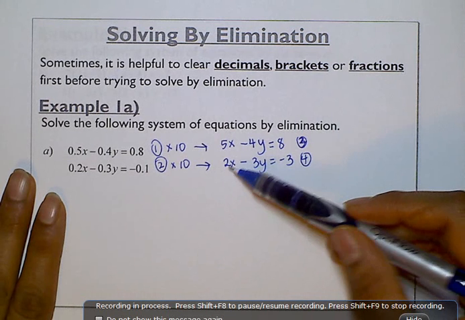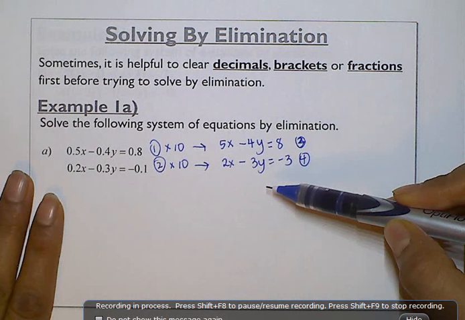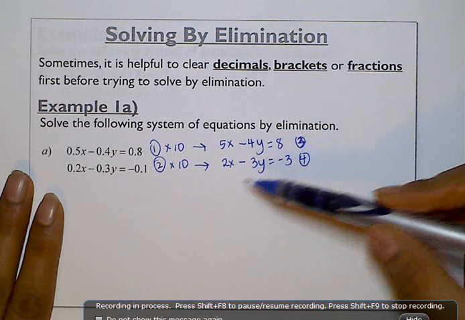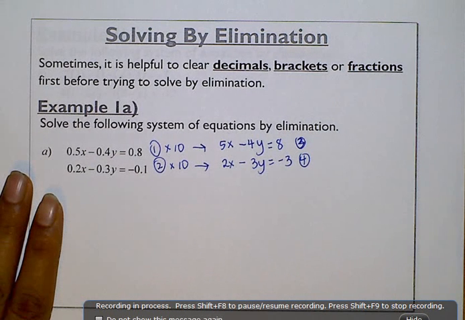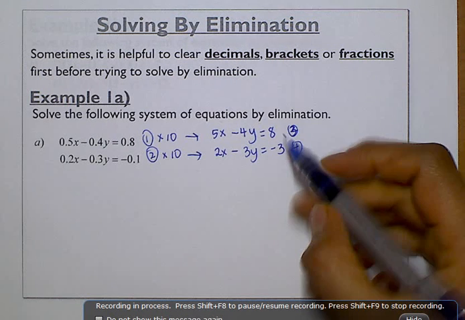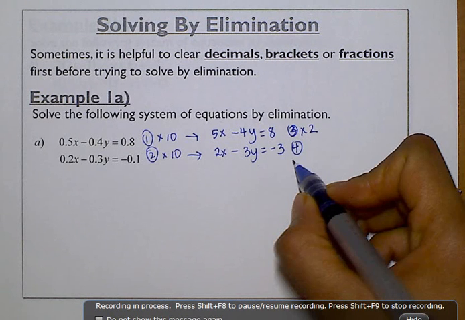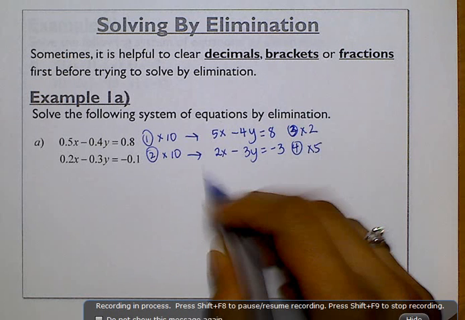So I have a choice. I can either eliminate x or y. Neither one is going to be easier. I do have to multiply both of my equations by a coefficient to be able to get the coefficient in front of the x or the y to be exactly the same. So I'm going to multiply my third equation by 2, and I'm going to multiply my fourth equation by 5, so I can get a coefficient of 10x over here as well as a 10x over here, so I can eliminate my x's.